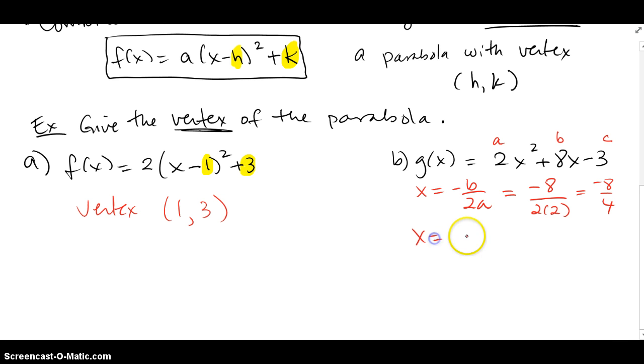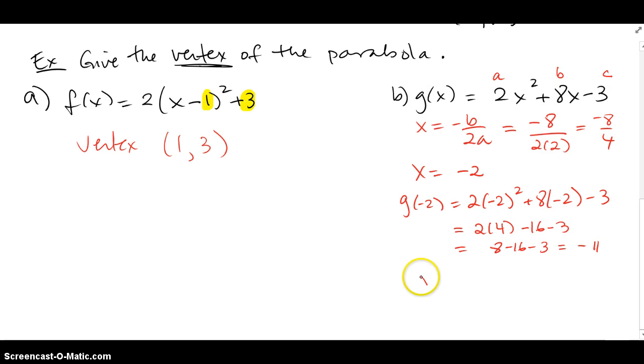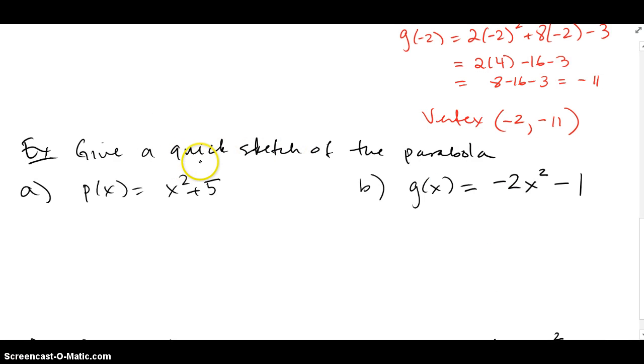So the x-coordinate of the vertex is negative 2. Then I go and I put it back in to get the y-coordinate. Notice that it is more work for me to get the vertex. So for part B, the vertex is going to be the negative 2 for the x-coordinate and the negative 11 for the y-coordinate. More work if it is in quadratic form, very little work if I have it in vertex form.